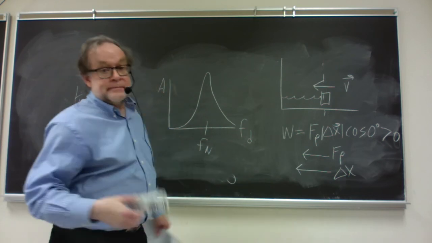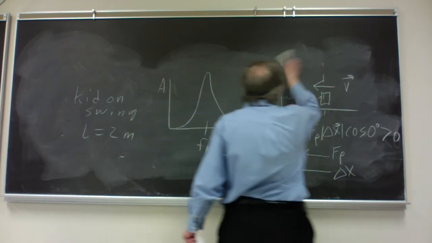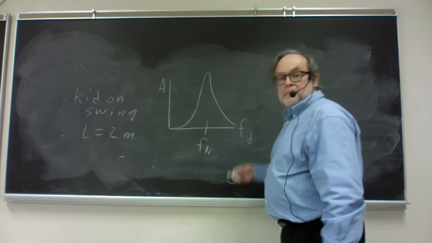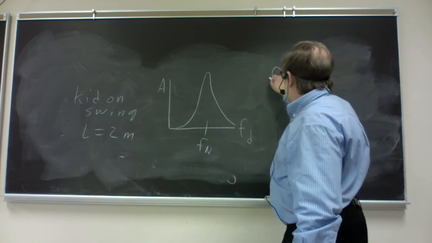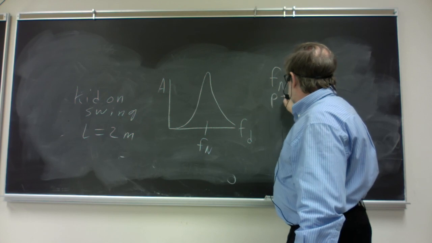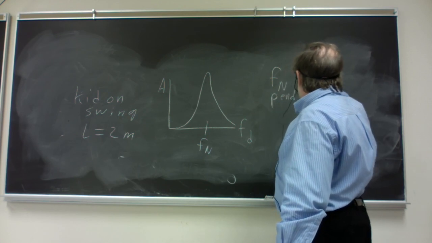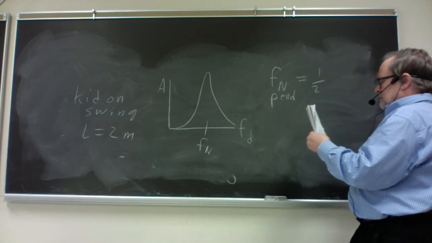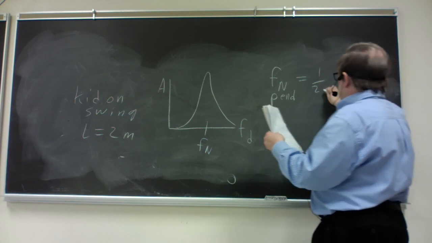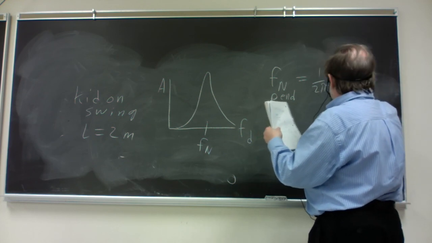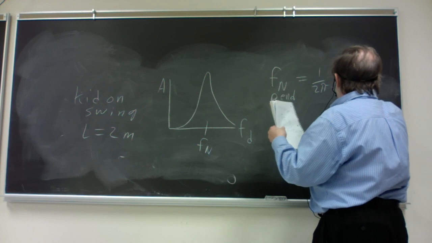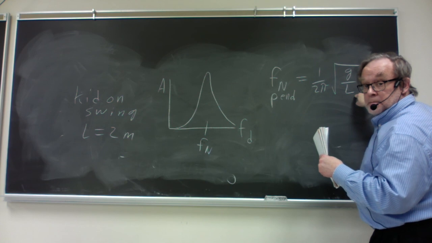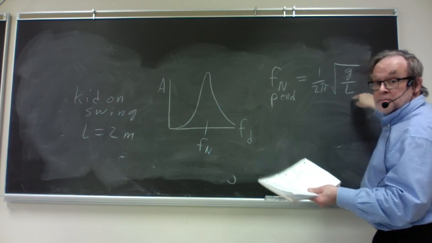Well, a swing is essentially a pendulum, and we learned in reading through the text that the natural frequency for a pendulum is 1/2π square root of g, gravitational acceleration 9.8, over L, the length of the pendulum, length of the swing in this case.